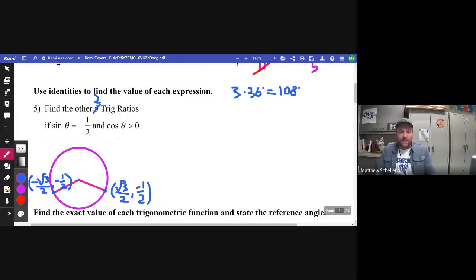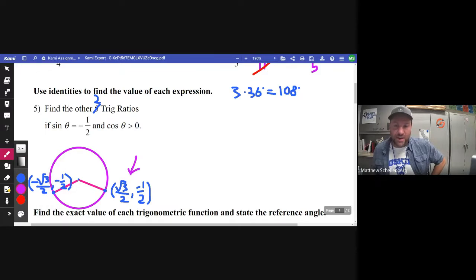And they didn't ask for the one on the left. They only want to know where the sine of theta is -1/2, and then the cosine is also positive. So the sine is -1/2 for both of these, but the cosine is positive only for the one on the right. And that's what makes this one the correct point to look at.